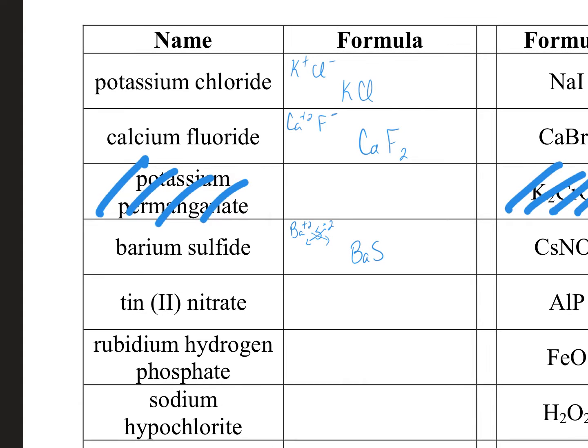Tin(II) nitrate is Sn2+, and nitrate is NO3-. So together that makes Sn, we have to put it in parentheses, NO3 subscript 2. Okay.